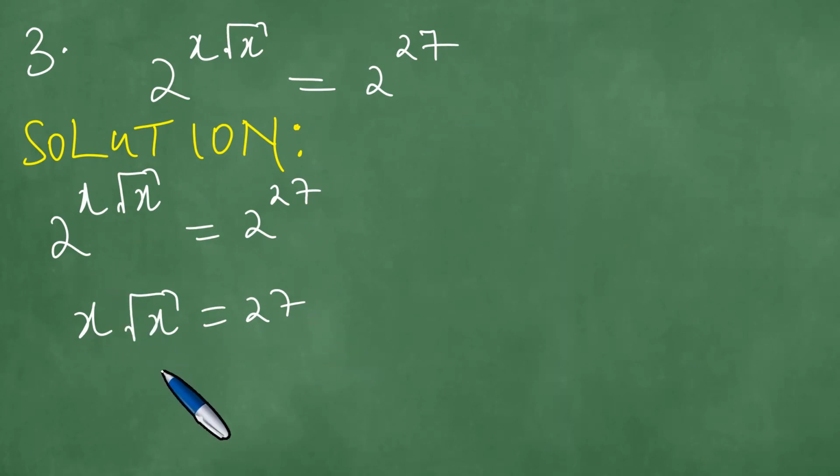Now we need to proceed to solve for x here. This can be seen as x times x to the 1/2 equals 27.